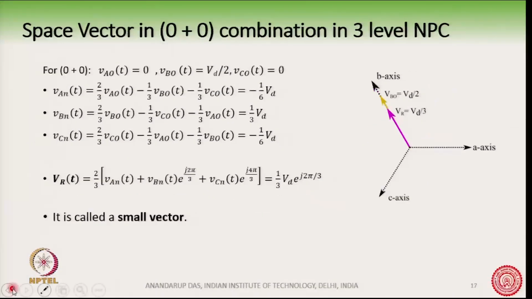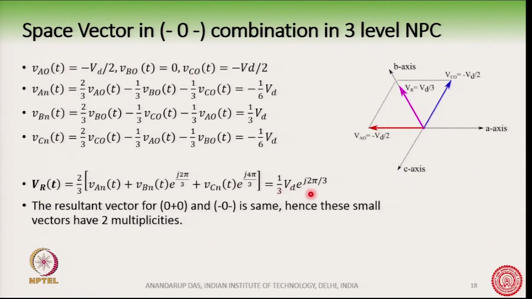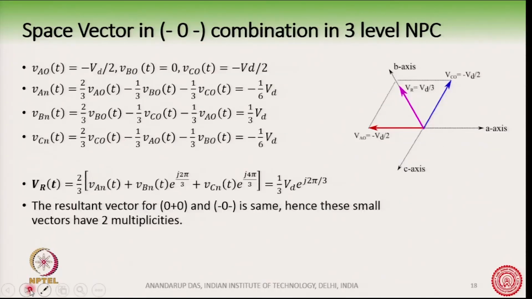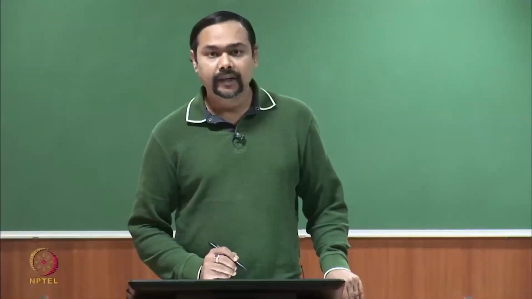So, this vector was at an angle of 120 degrees, e to the power j 2 pi by 3, and here also it is 1/3 Vd e to the power j 2 pi by 3. So, it is the same vector. You see that these two combinations, the 0 plus 0 as well as the minus 0 minus, are producing the same vector.